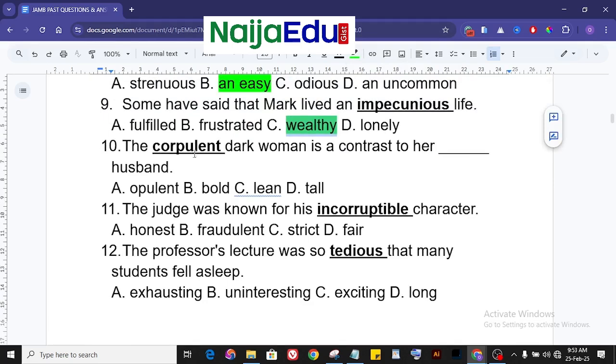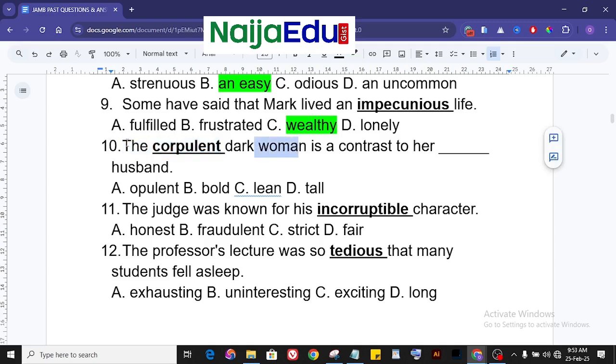Number 10 says, the corpulent dark woman is a contrast to her dash husband. When they say something is corpulent, it means something is big, or let's say fat. This is related to the word woman.